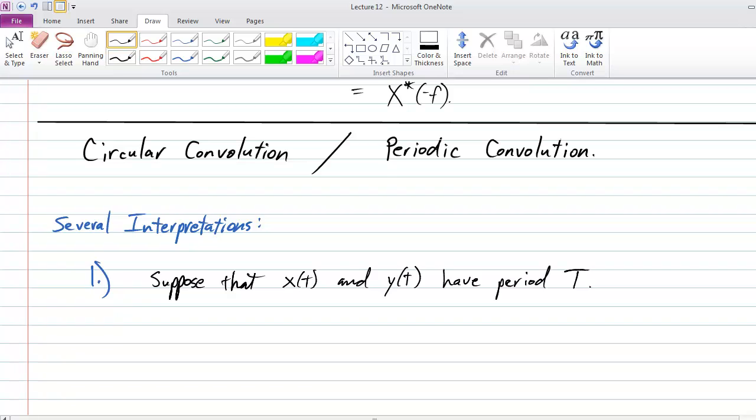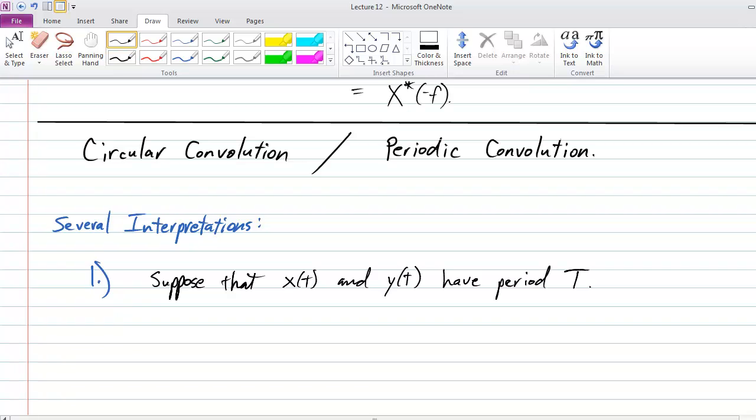But if you use regular convolution, you will not get a meaningful result because the integral will not evaluate to a finite number because it's periodic. You do a flip, you do a shift, multiply, you get some periodic thing and try integrating that from negative infinity to infinity. That doesn't work. So if they're periodic, in most cases the convolution will be infinite for all t. That's not very interesting.